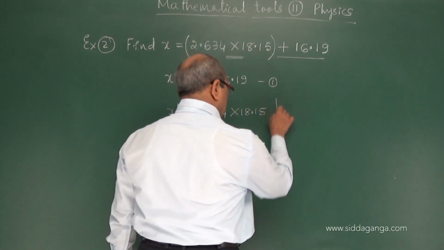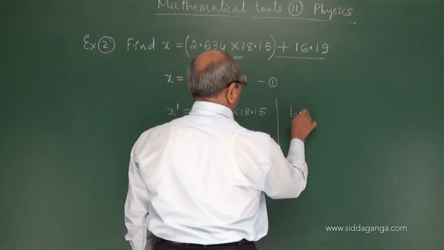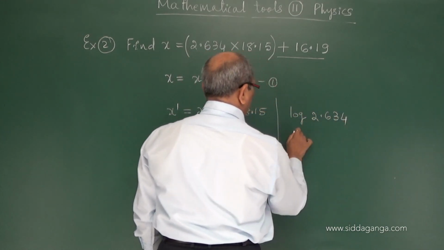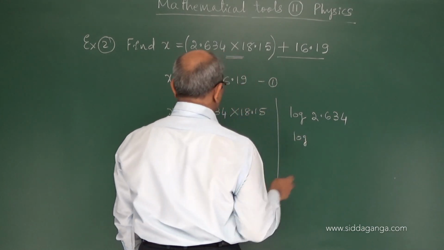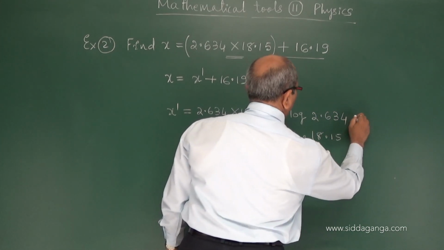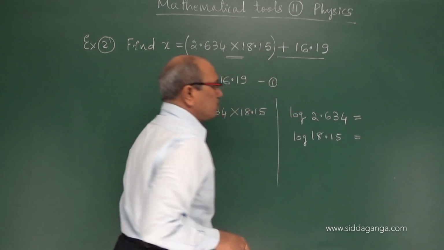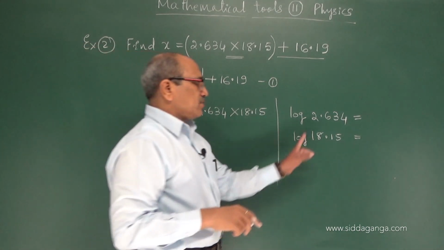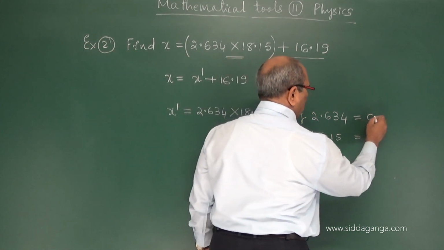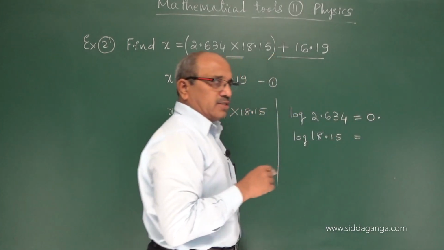So as previously, I have to go for the log of 2.634 and the log of 18.15. So let us see the log value. Again I am saying, first fix the log characteristic. For 2, only 1 digit, let's make it 1, so the answer is 0 characteristic.